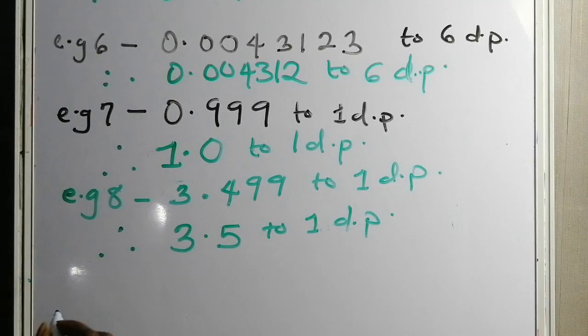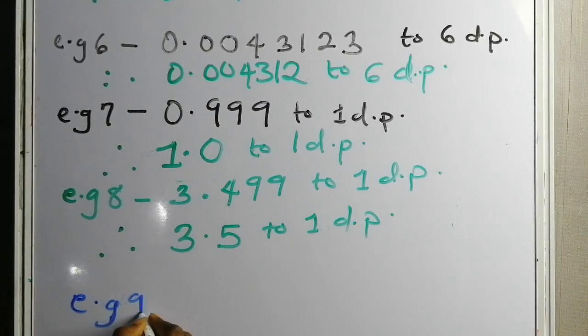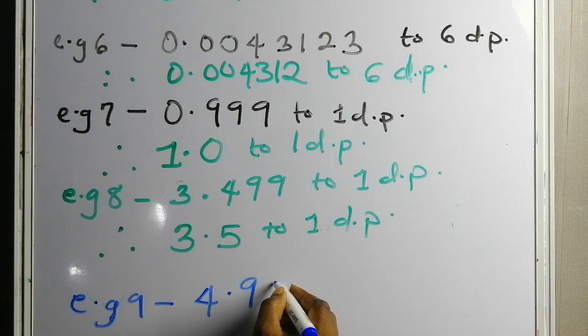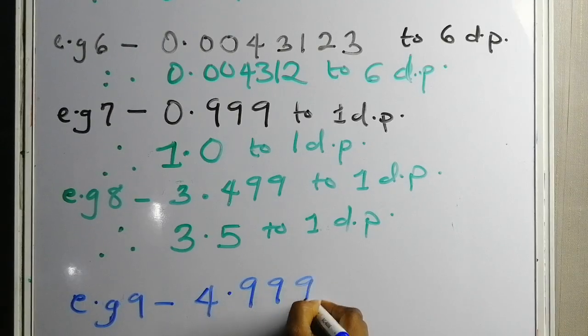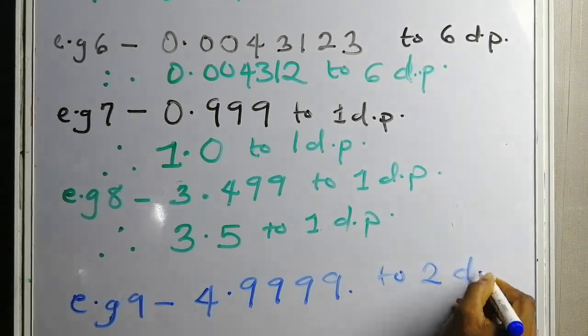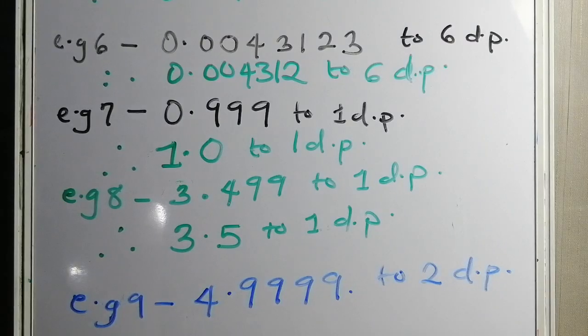Let's say you have example 9. You have 4.9999, and you are asked to say it to two decimal places.